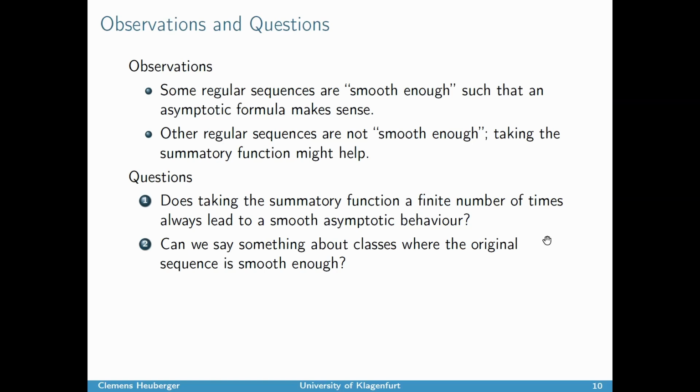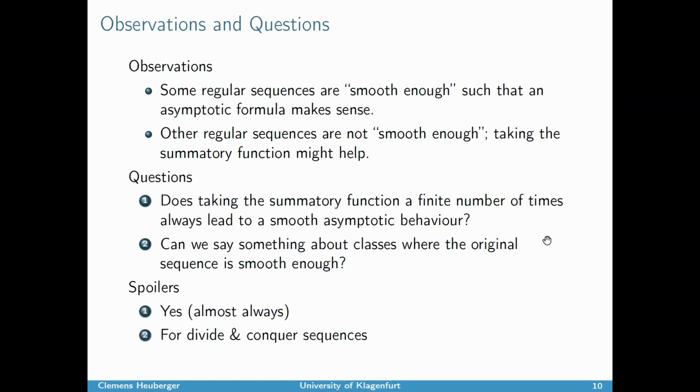And Svante at least gave me the opportunity of taking the summatory function a finite number of times. So that was the first question. And the second thing, which was always a recurrent question, is that for this divide and conquer sequence, it doesn't make sense to take the summatory function at all. So can we say something? And okay, so these are the questions I'd like to speak about.